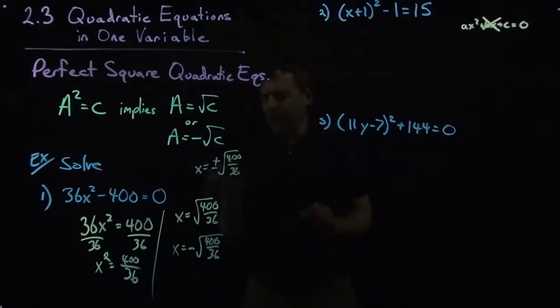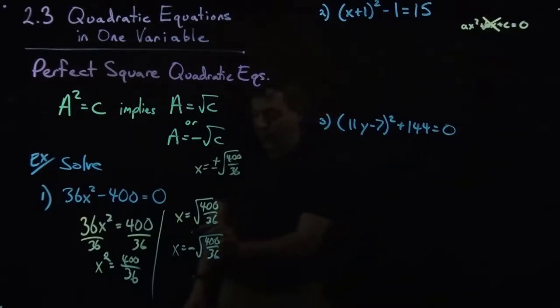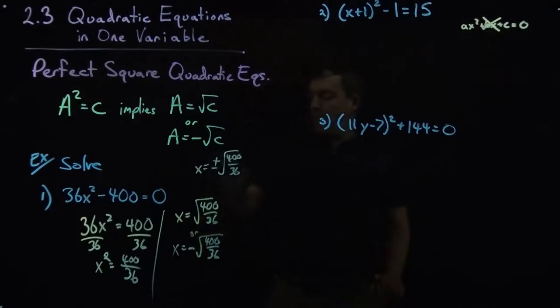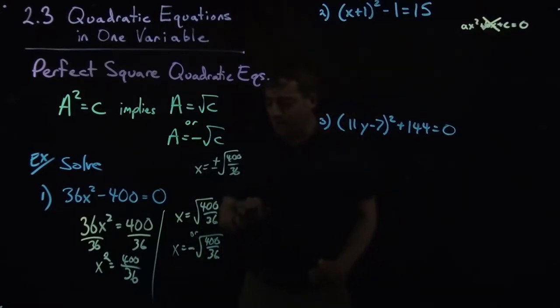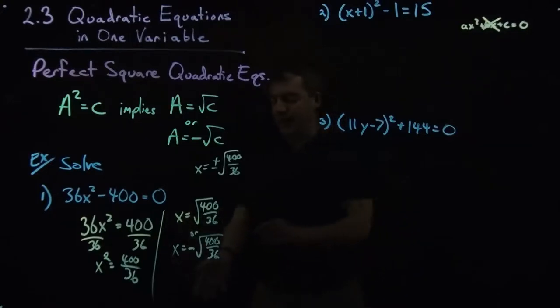I don't like to write it this way because this plus or minus stands for this thing right here with an or. So this means exactly this. There are two solutions. Students sometimes see this plus or minus and think this is just one thing. No, it's two.